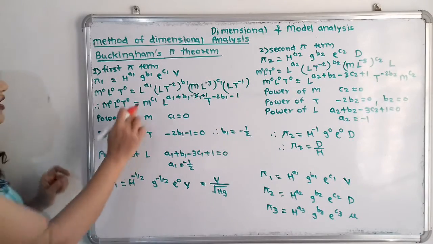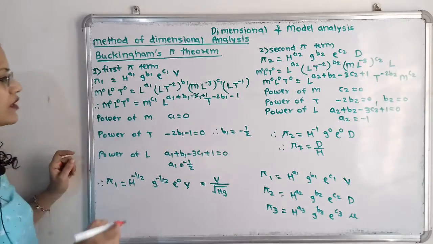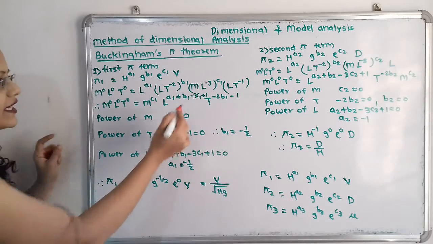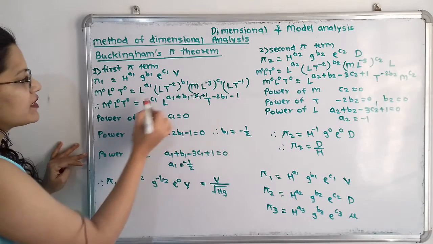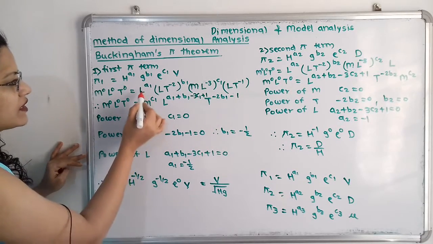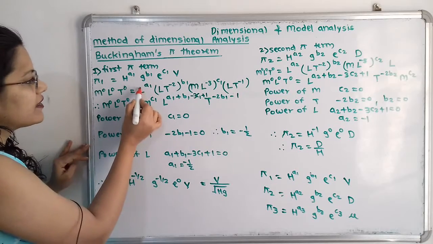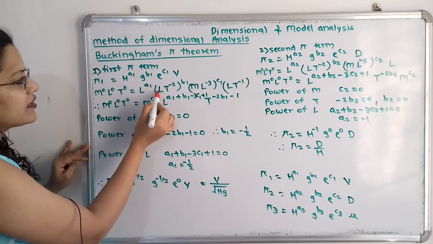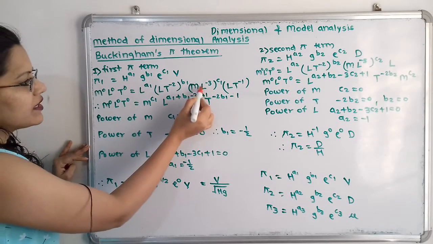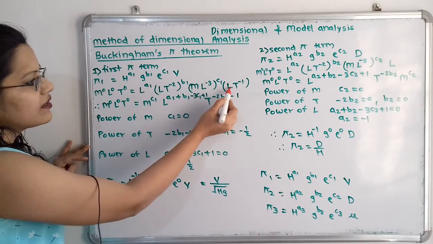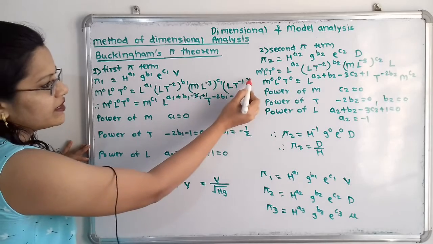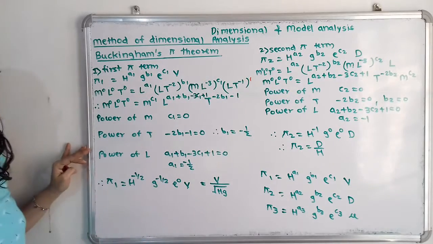Now we will solve this equation again. First we take M, and the power is c1, so we write M raised to c1. Then if we take L, here is L raised to a1, then L raised to b1, then L raised to minus 3c1, and here is only L, so the power is 1.